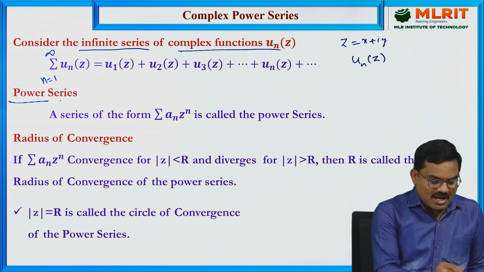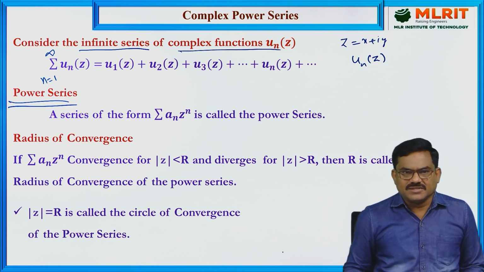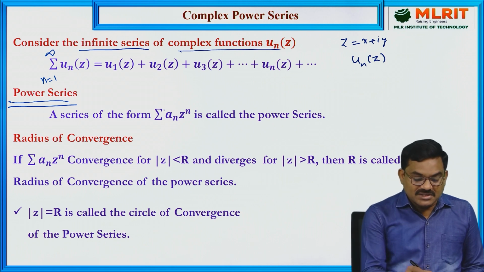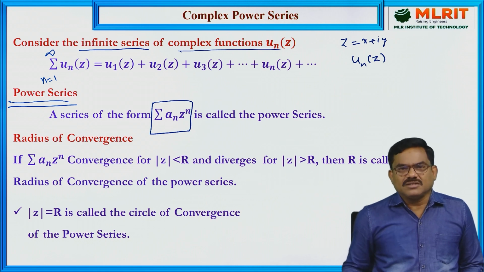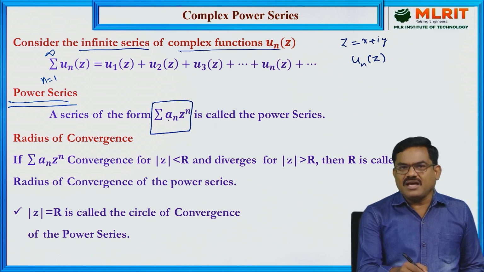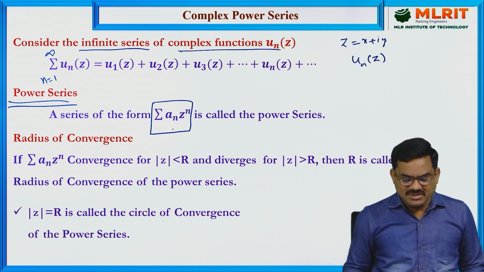Now coming to the main definition, power series. A series of the form sigma an z power n is called the power series, where these an, or a_i's, are constants and z is a complex variable.